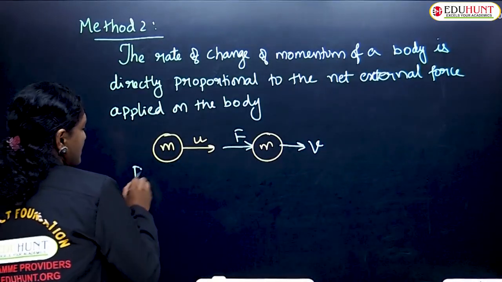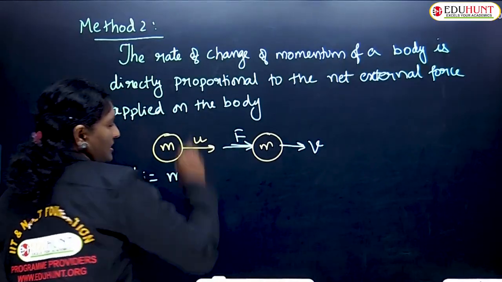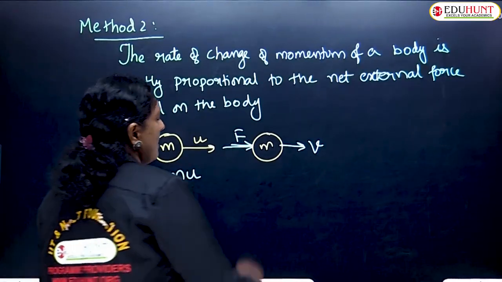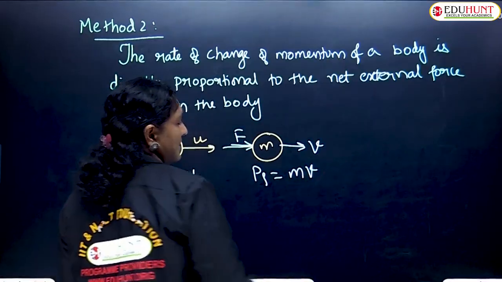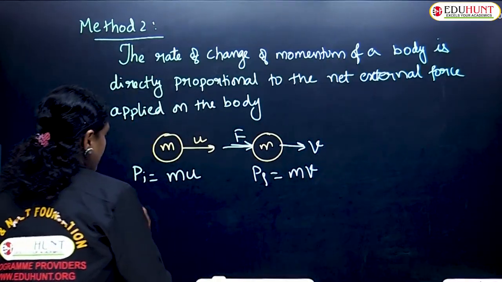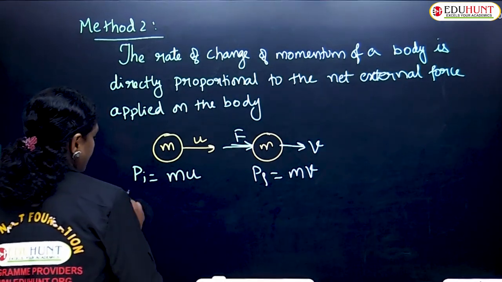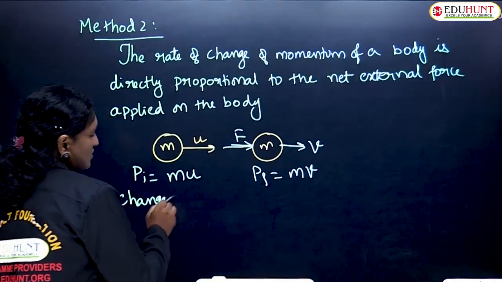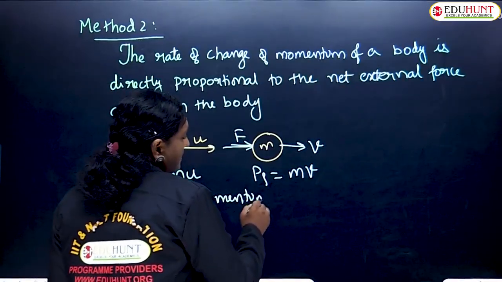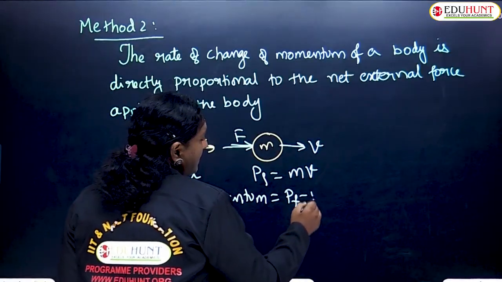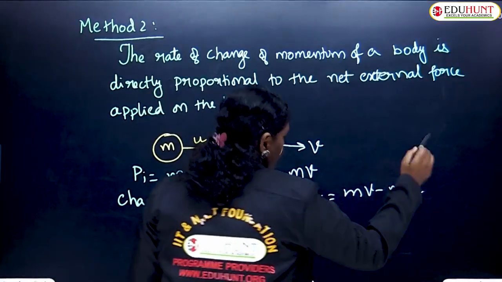So what is the initial momentum, children? The initial momentum is mass into initial velocity, that is mu. And the final momentum is mass into final velocity, that is mv. The change in momentum is the final momentum minus the initial momentum, that is mv minus mu.